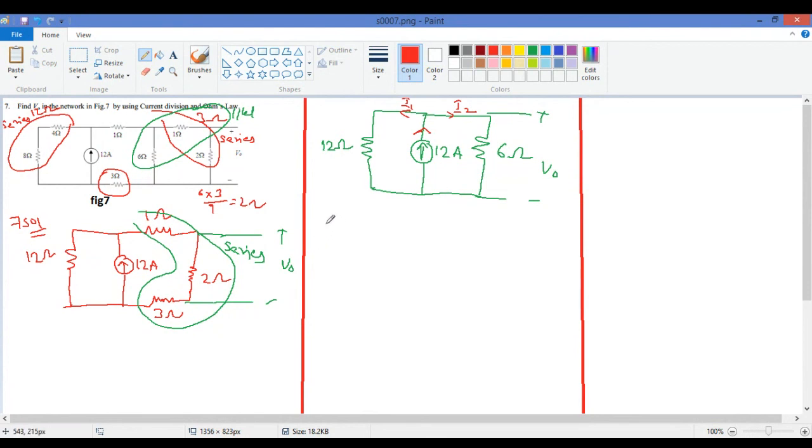Okay, so we use current division law to find out I2. You see this 12, this is I1 and this is I2. And again this I2 is coming here, and again it gets divided here and there. So that you need to remember. So let us find out I2 first.